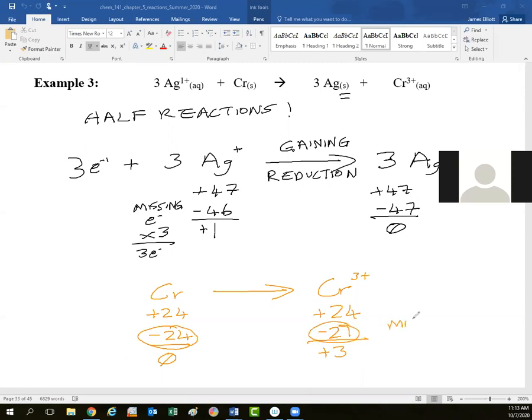So we've got 3 electrons missing on the right-hand side of the equation. So let's add those electrons back in. The electrons are here because they're no longer part of the atom. So that's electrons which have been lost. When electrons are lost, that's the oxidation step.